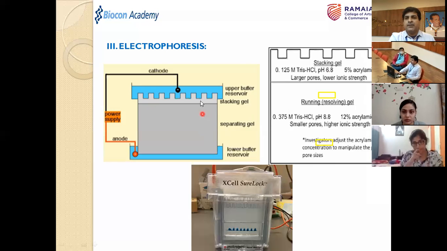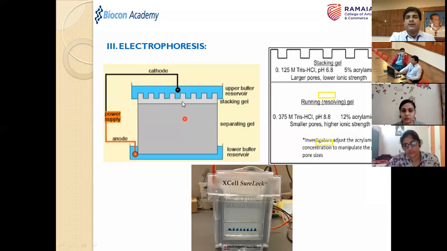Okay, so the pore size is very large in the stacking gel, about 5% we use, and for the resolving gel, as I said, we use different concentrations. These different concentrations depend on the size of the protein you are looking at. Depending on that, you have to choose which concentration of acrylamide is appropriate.